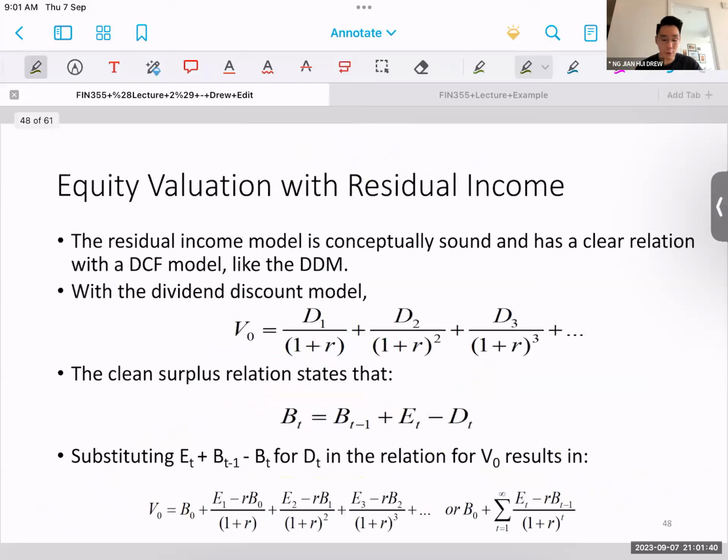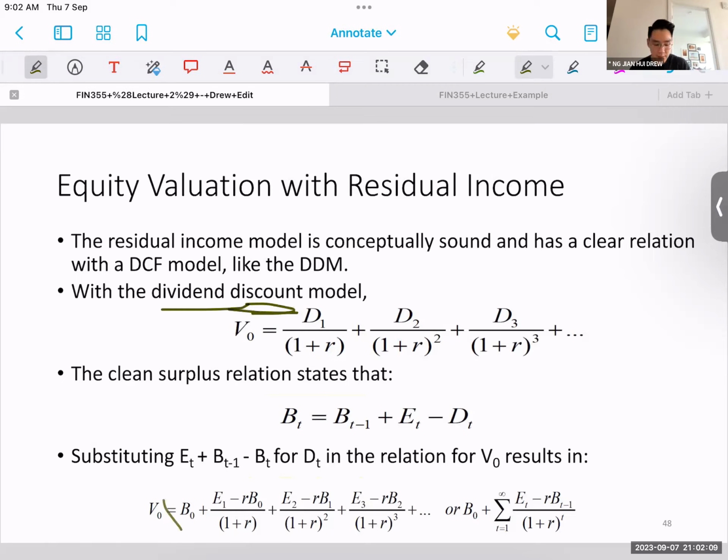However, I would like to point out that both methods actually come from the same roots. At ground level they are the same, but they branch out to different methods. This slide is not that important, but it is trying to explain that at the ground level, it's actually using the same discounting model.